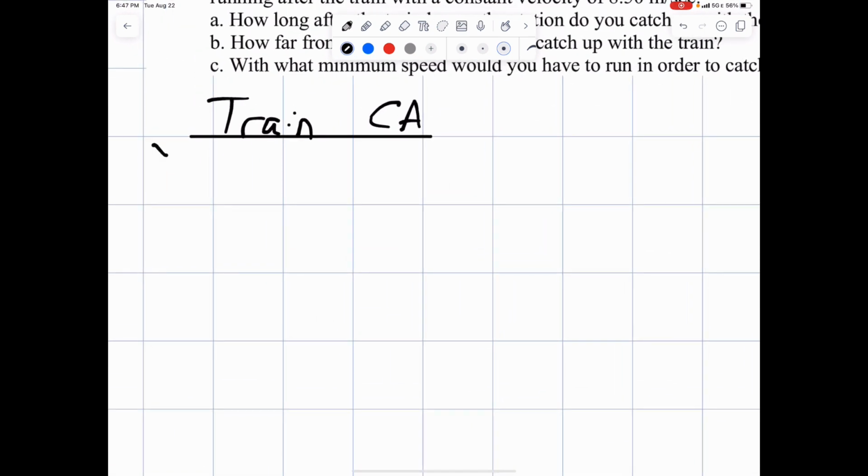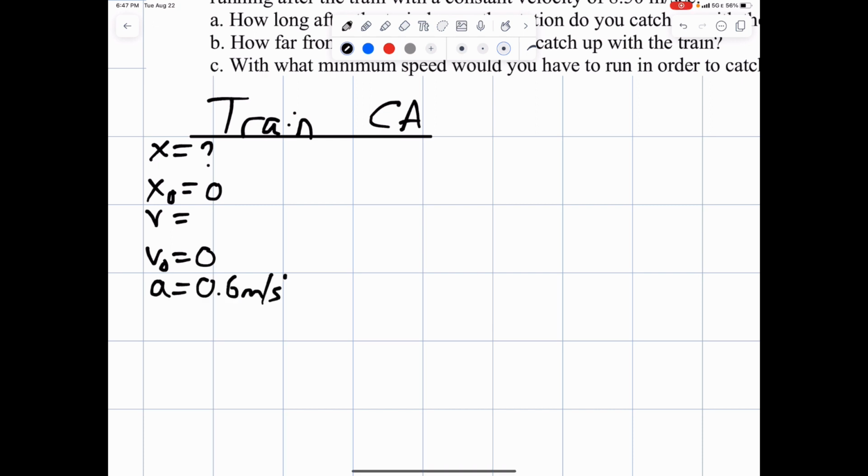The train, we would have x, x naught, 0. I don't know what x is. v naught, starts from rest. a for the train is 0.6 meters per second squared, and t I don't know either.